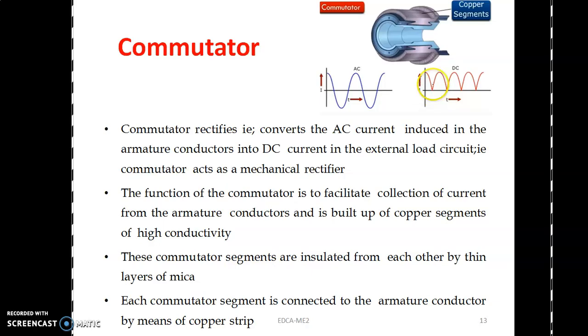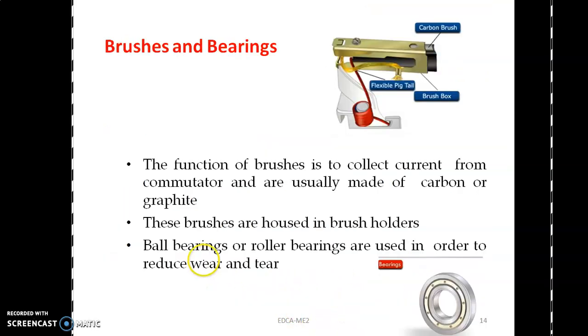See here DC current, that is only positive polarity. There will be no negative polarity. So the function of the commutator is to convert AC to DC. That is built up of copper segments of high conductivity. The commutator segments are insulated from each other by thin layers of mica. It is connected to the armature conductors.